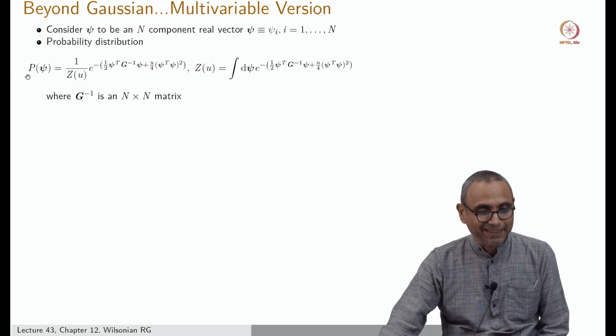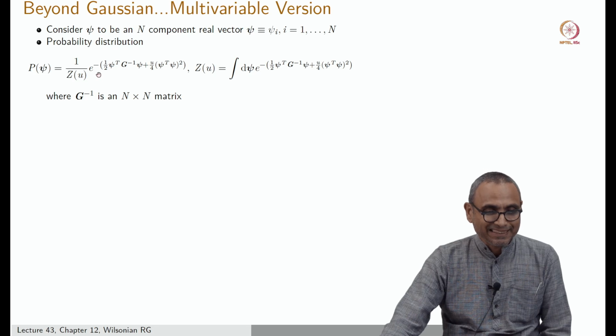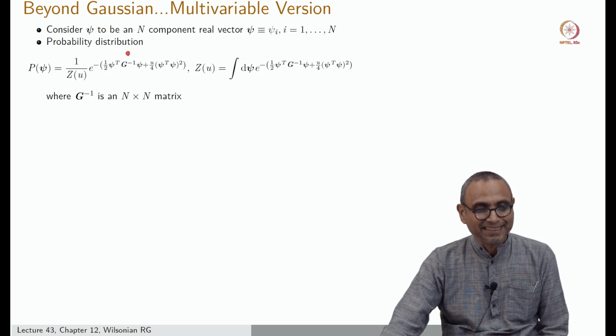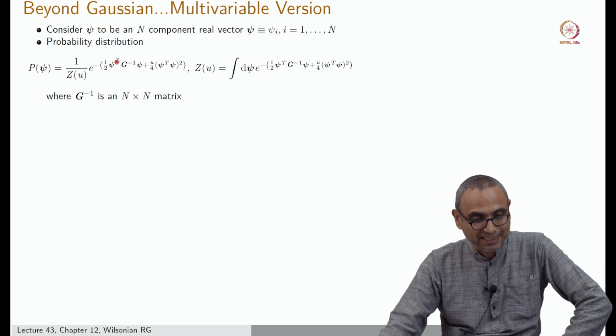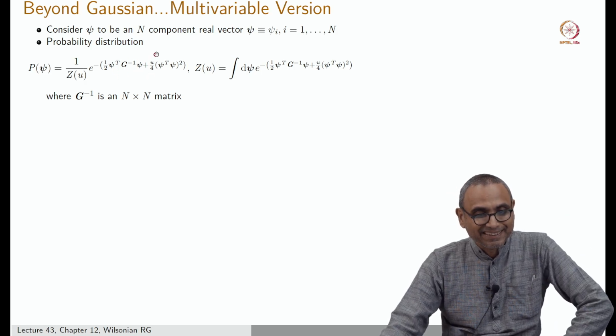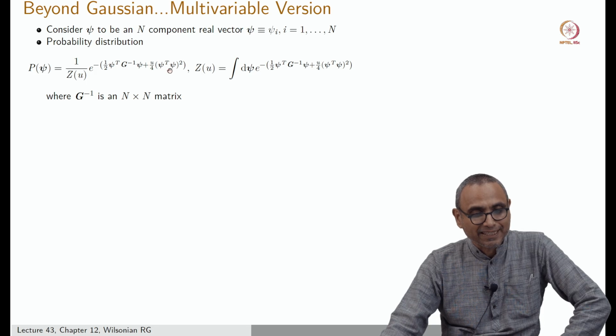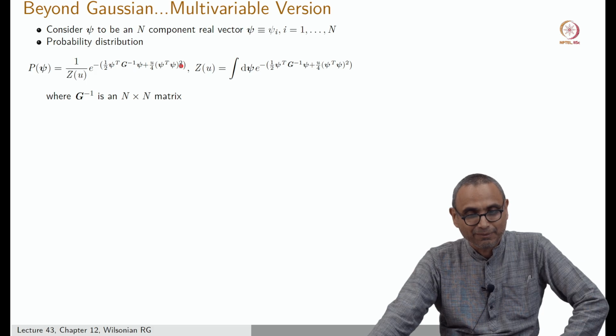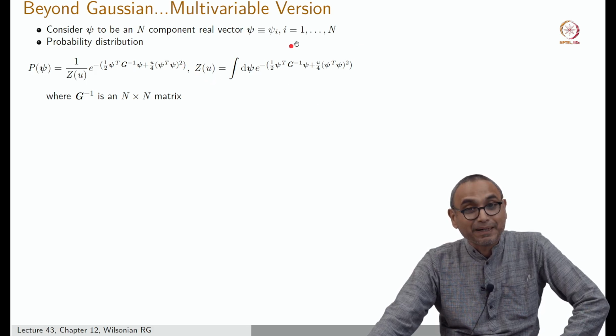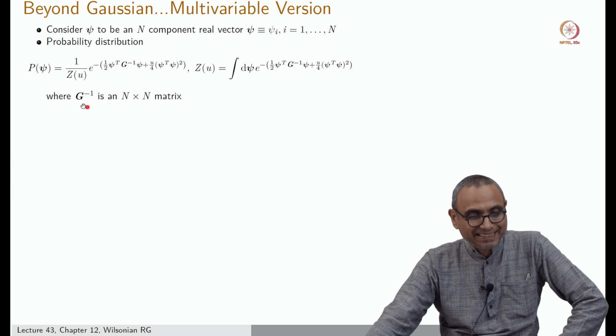So P of psi is e to the minus a Gaussian in the vector space, with this term which is u by 4 times psi transpose psi whole square. So this looks exactly like our Ginzburg-Landau Hamiltonian. Z of u is exactly this integral, and G inverse is an n by n matrix.